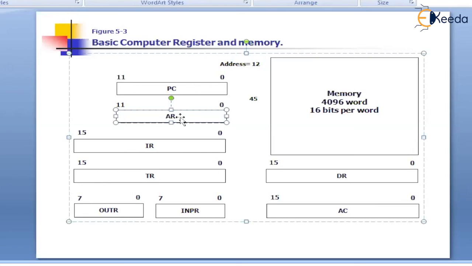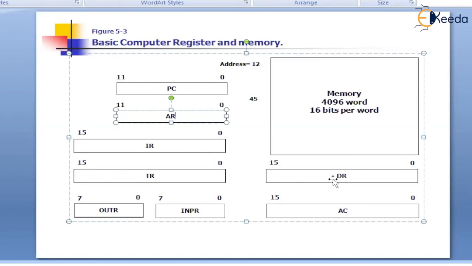One more important point is, during the course of instruction execution, when an instruction is being executed, several registers may receive an address. That is, when you execute an instruction, an address can be received by any of these registers.